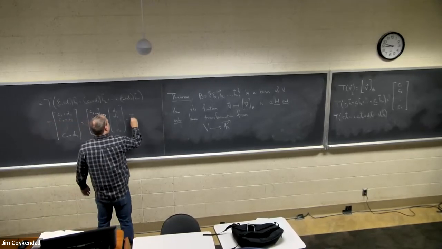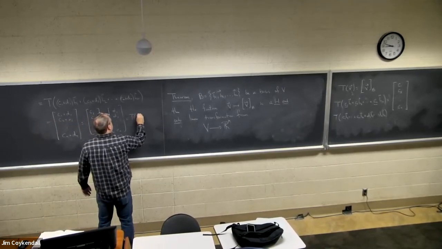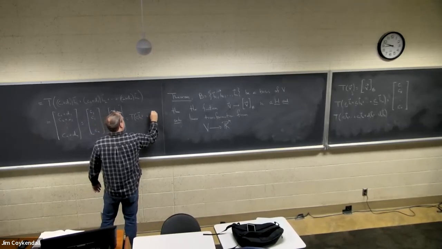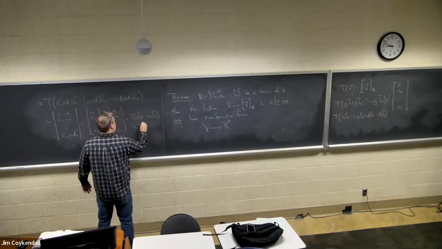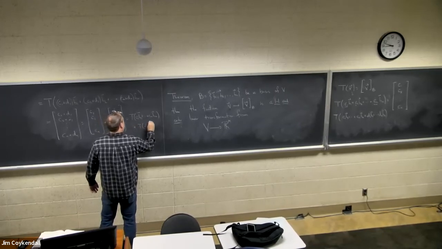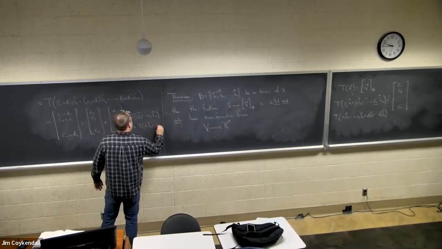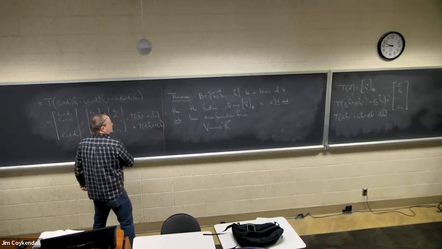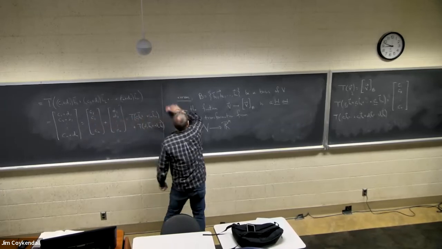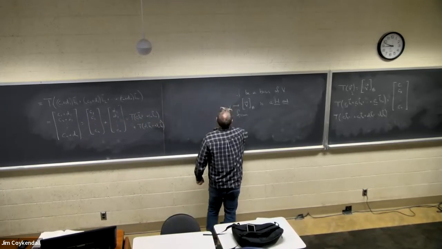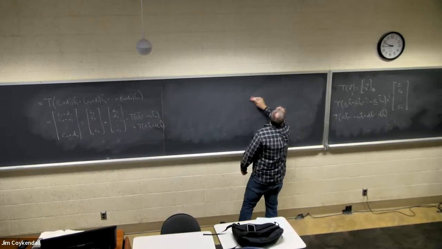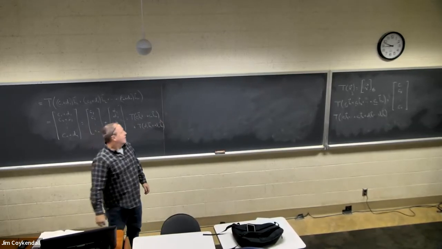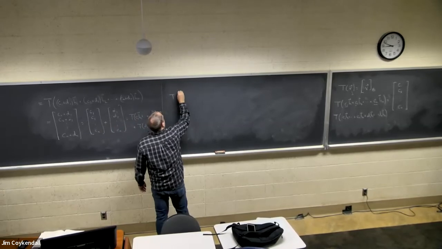And this is the same thing as T of C1 B1 through Cn Bn plus T of D1 B1 through Dn Bn. So that's part of it. Also, you get the scalar multiplication fairly easily.